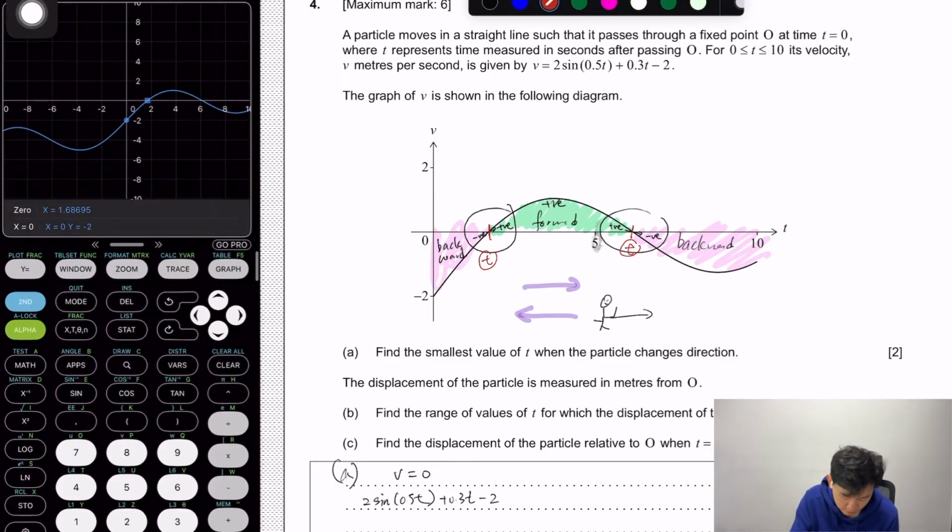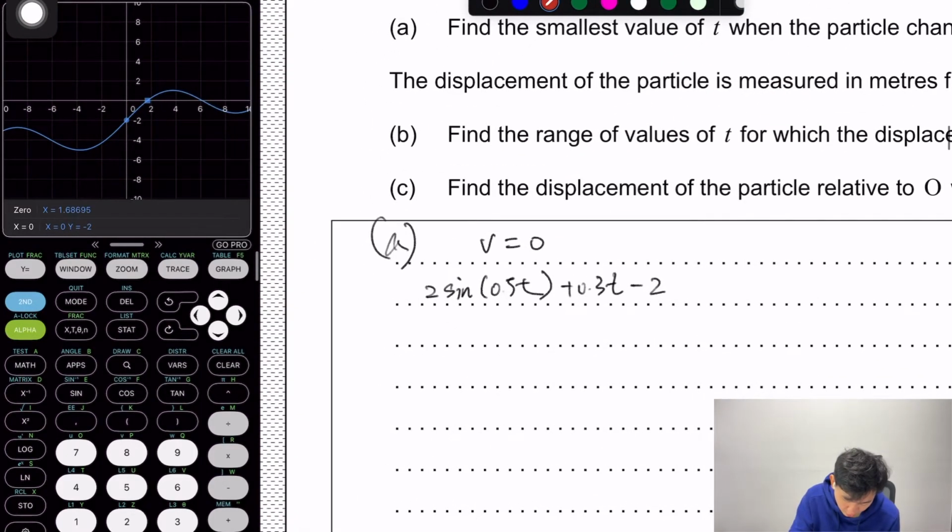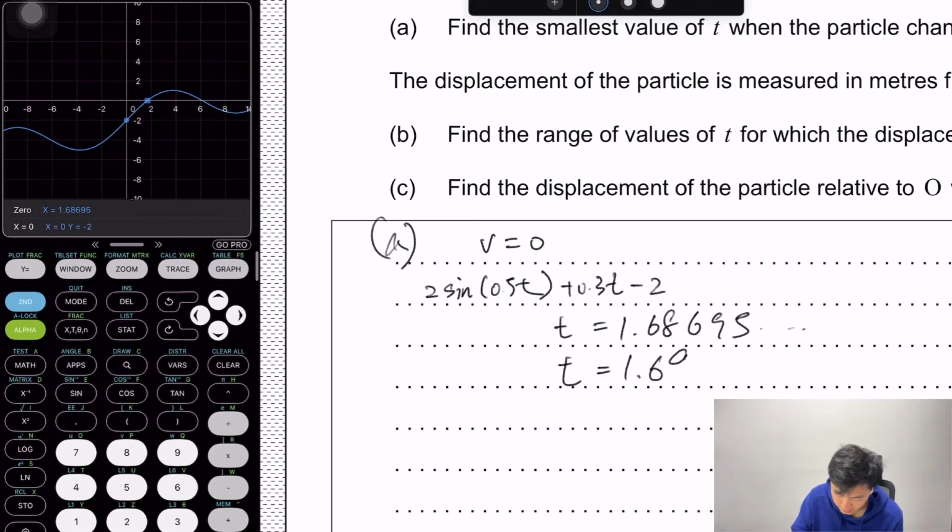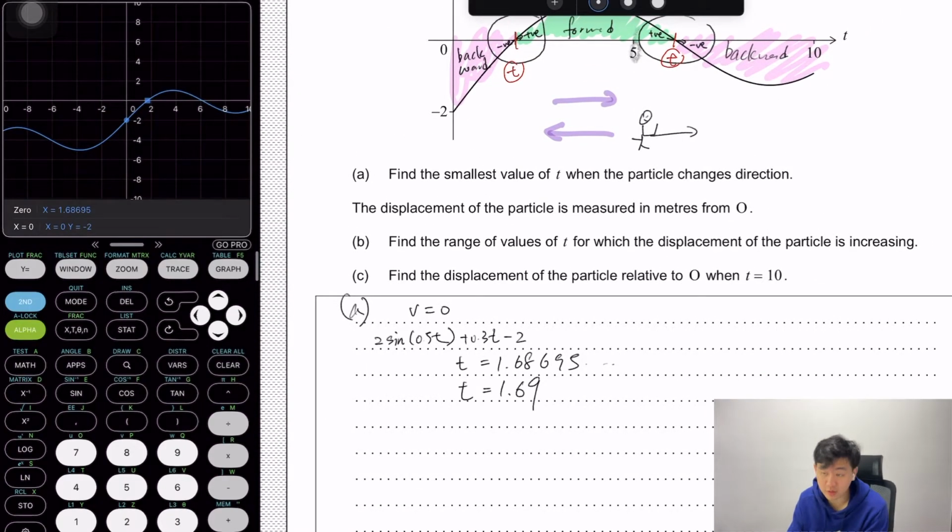So that means your t first hits the zero at 1.68695. That means t is equal to 1.69, correct to 3 significant figures.